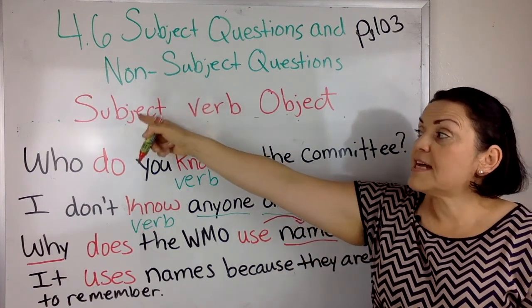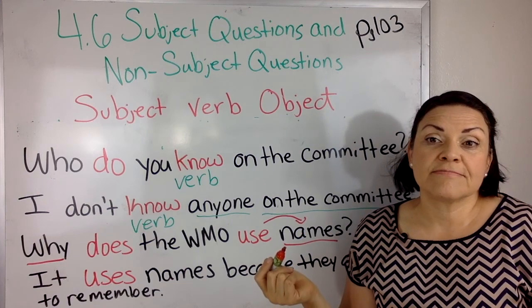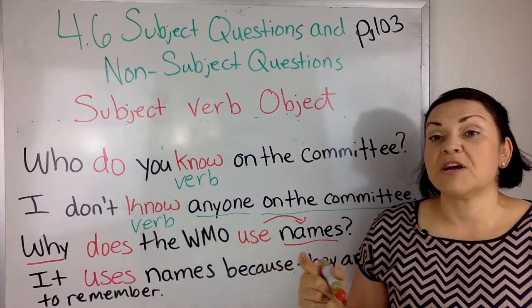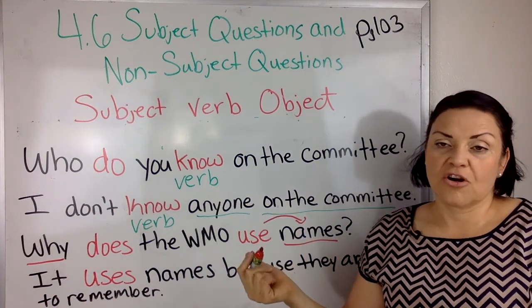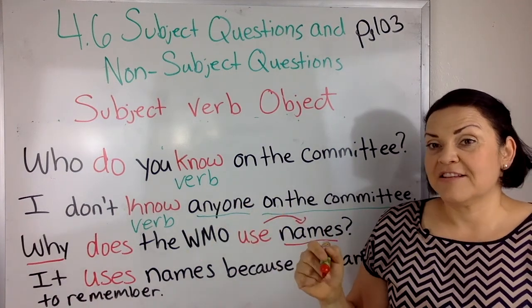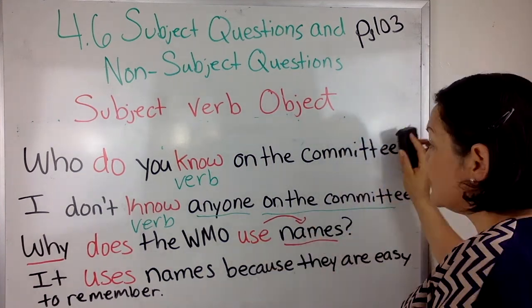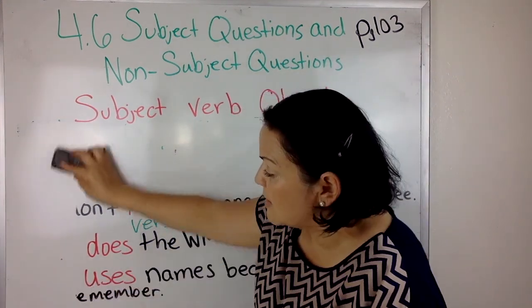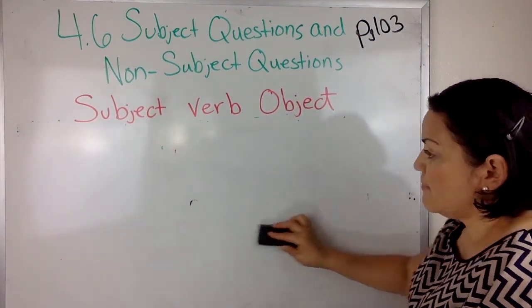If it's about the subject, like who do you love? I'm talking about who. He loves her. So I'm talking about he. Okay? So let me use that simple one before I go on to the next. We'll practice because sometimes this can be confusing.